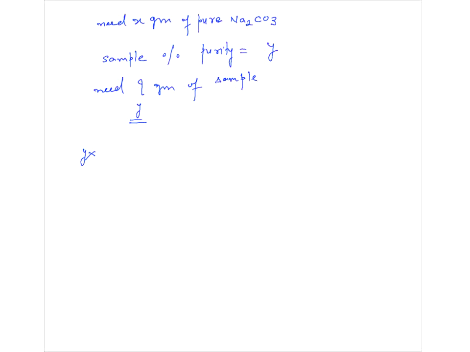Then Y into whatever percentage divided by 100 will be X, and therefore Y will be X into 100 divided by percentage purity.